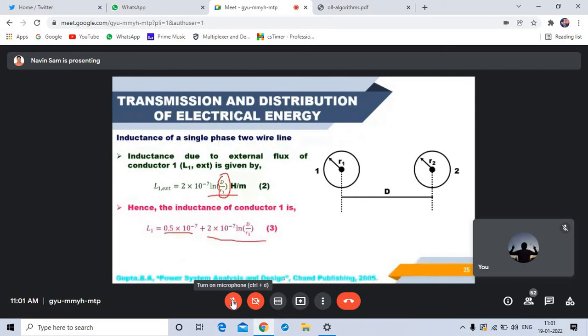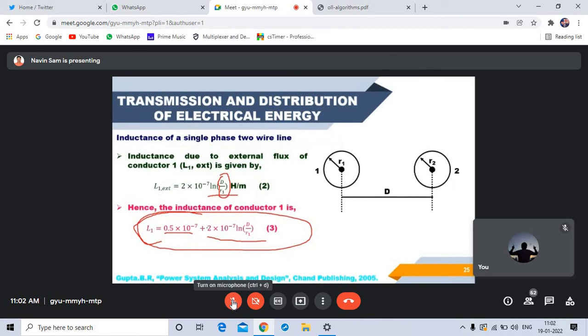Right? Now we are going to add these two things. For mathematical simplification purposes, there are two terms present in this equation number 3.